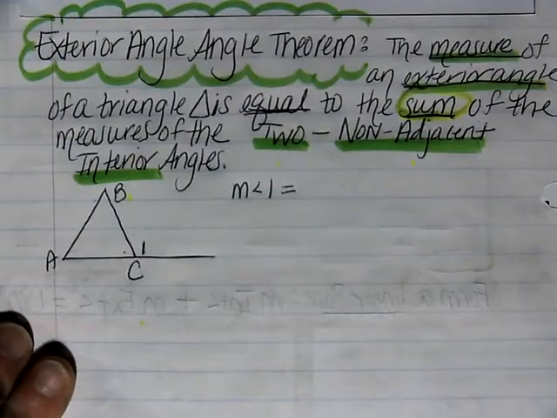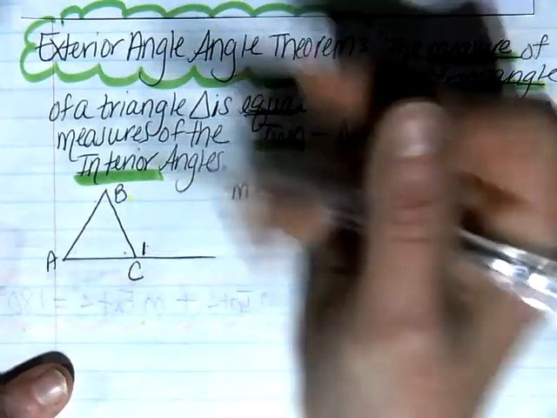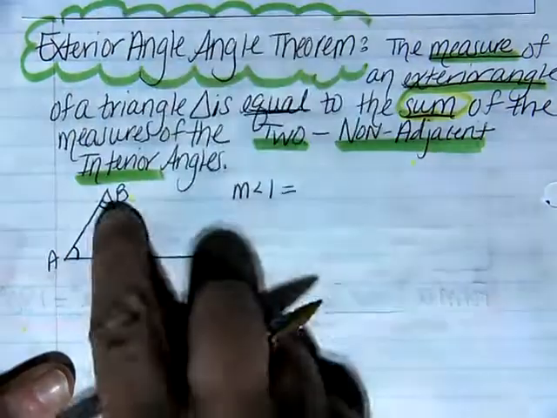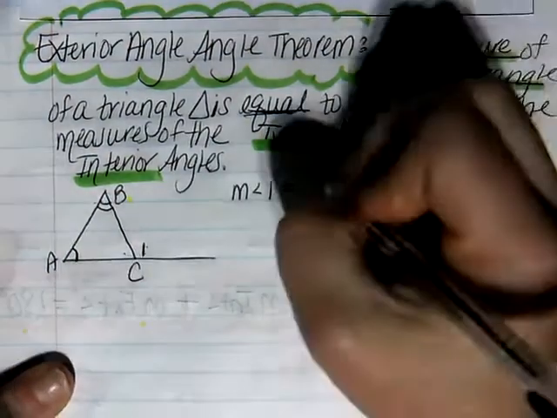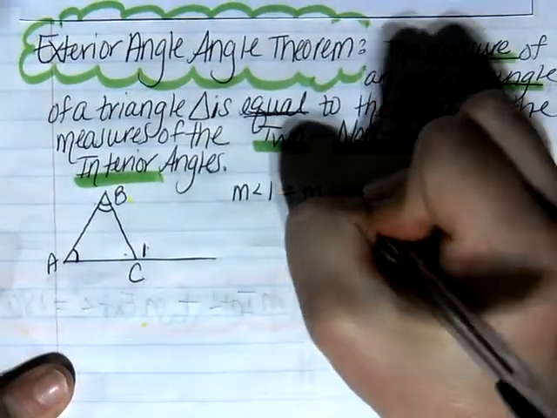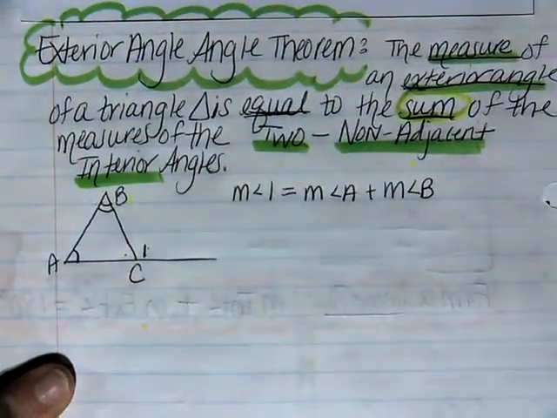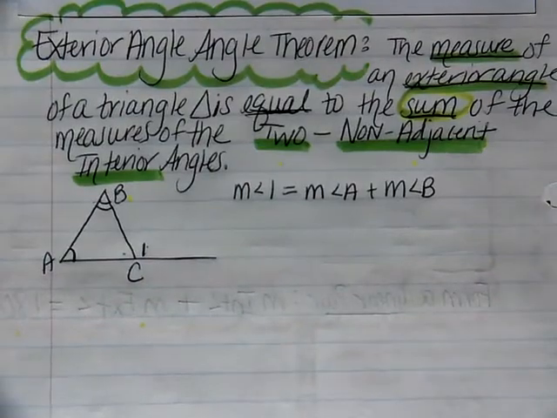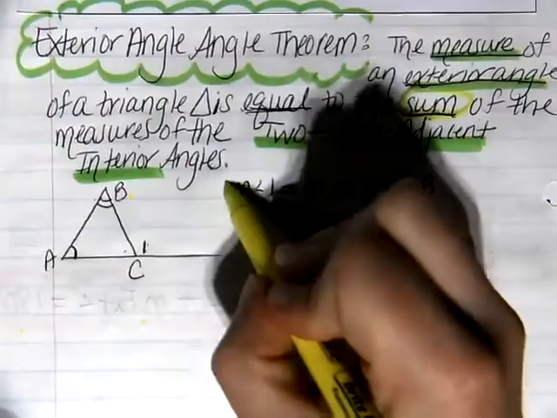So what this theorem is saying is that the measure of angle 1 has to be equal to the sum of the measures of the two non-adjacent interior angles. It's equal to the measure of angle A plus the measure of angle B. This is using the substitution property to the next level.